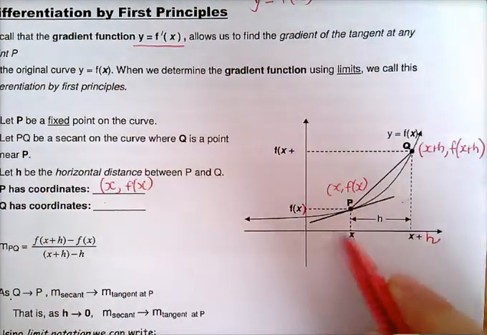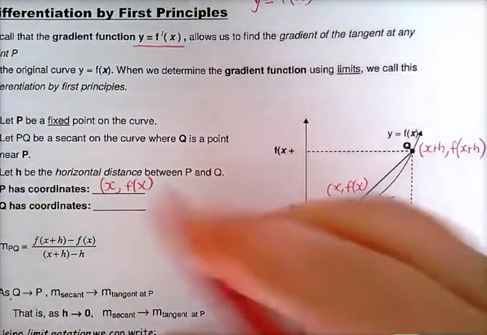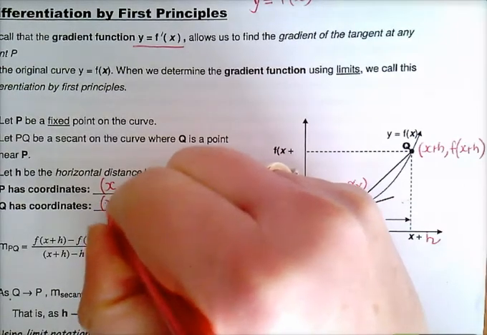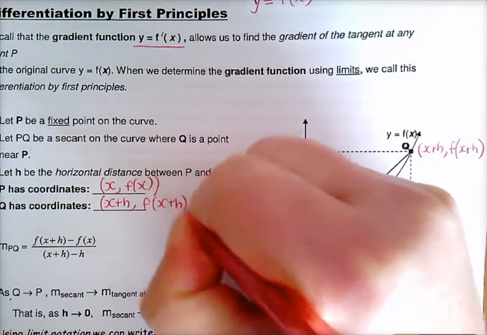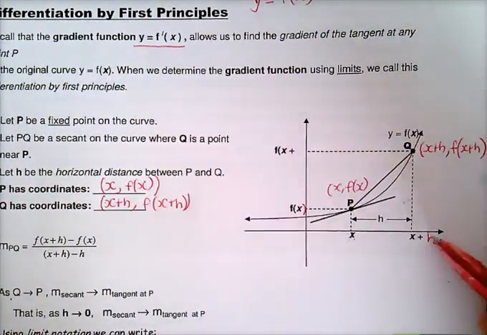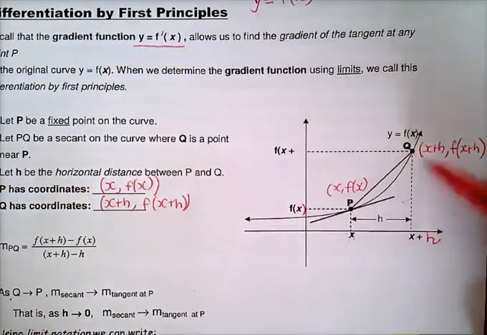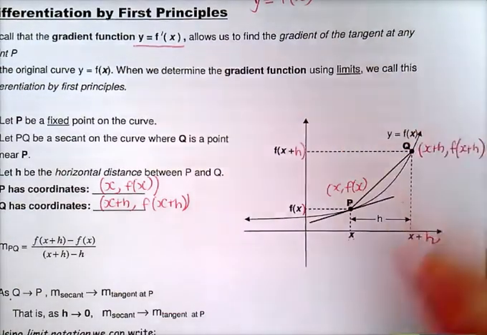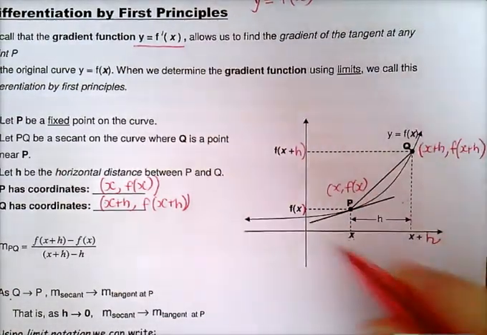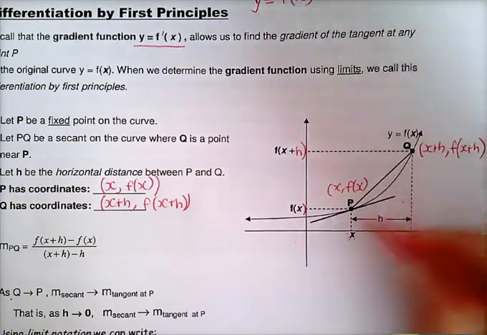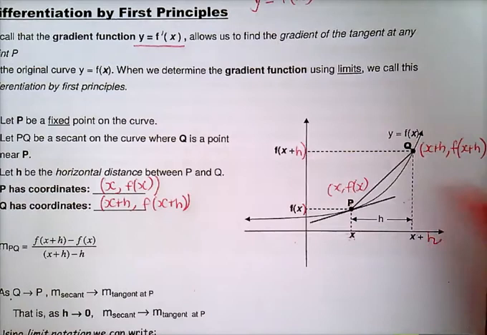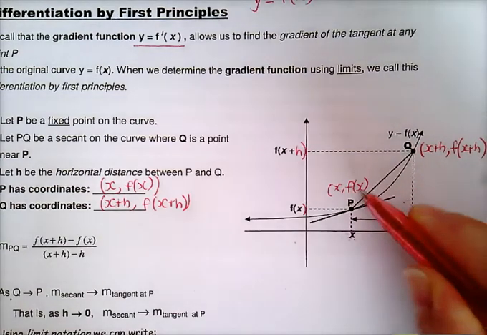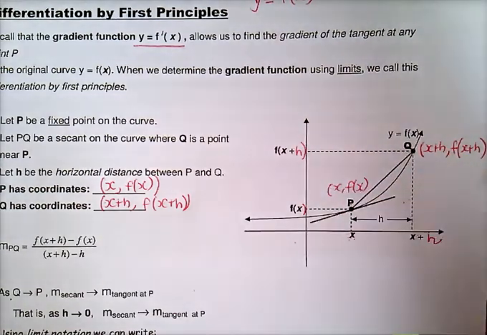Okay, so we'll just fill that in here. P has coordinates x, function of x, and Q will have coordinates x plus h comma function of x plus h. So we go x plus h across. The y value here will be function of x plus h. So x plus h, function of x plus h up. Now, when we do the gradient, remember it's always y2 minus y1 over x2 minus x1.